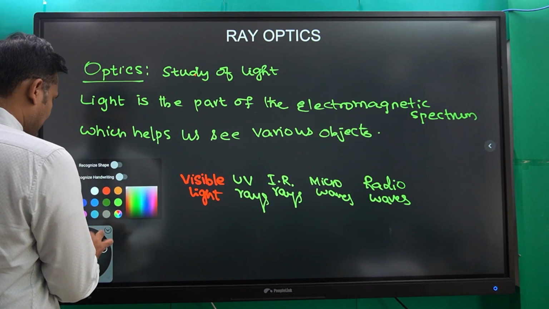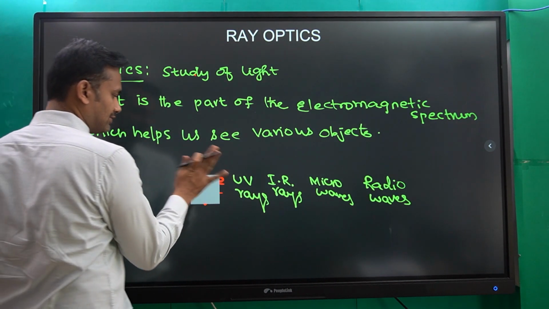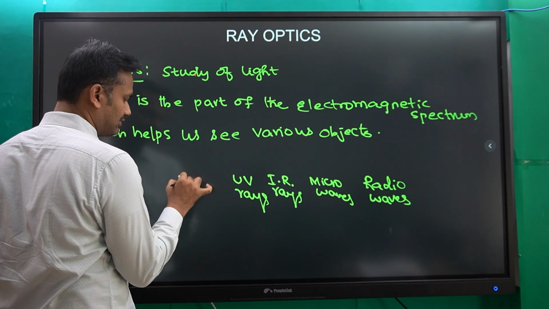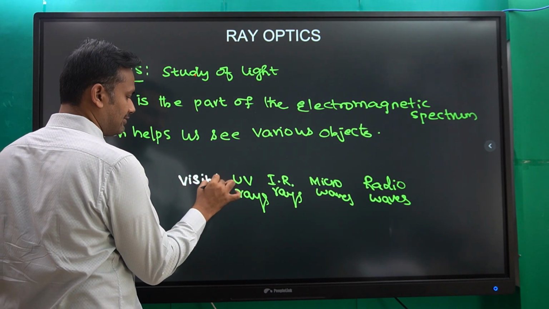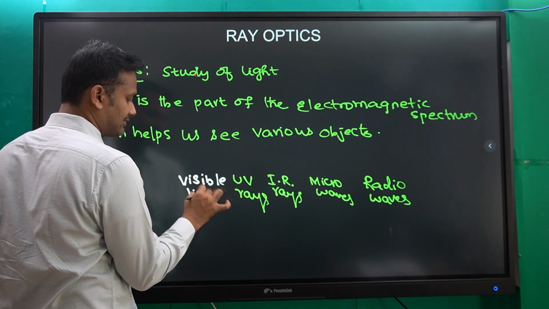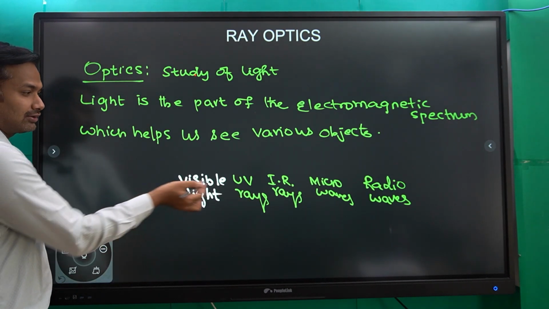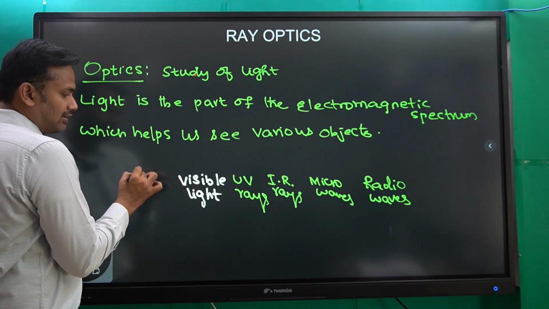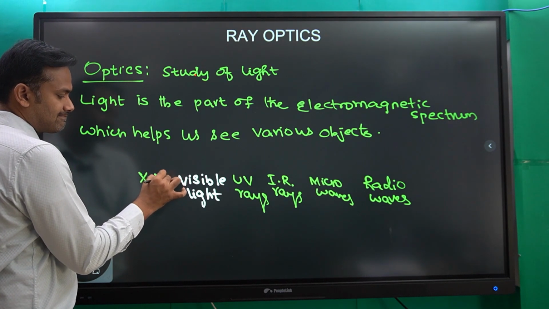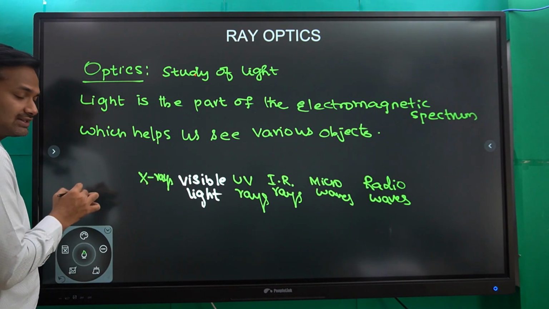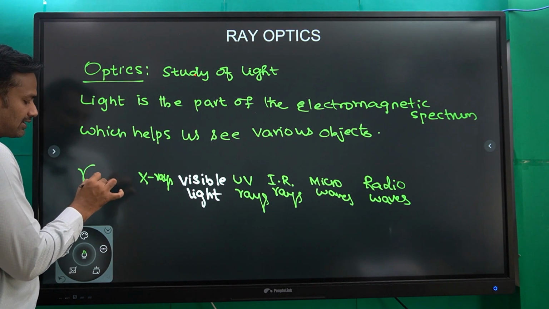Let me change the color once. Visible light. Then after we have X-rays. After this we get the gamma rays.